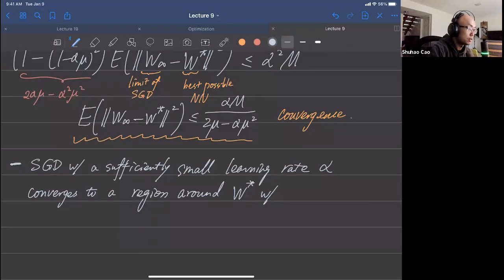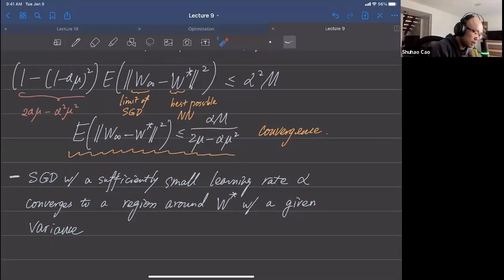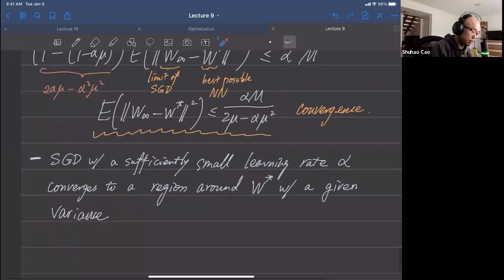with a given variance. What we mean by variance is essentially this, this is the variance.